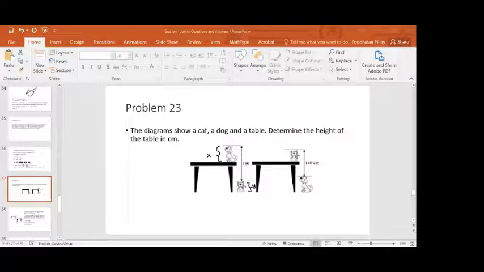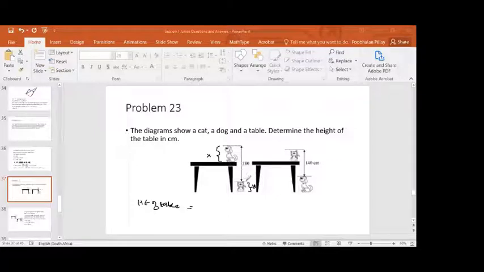Then, so what is the height of the table? Well, if you look at the thing, you can get the height of the table in two different ways.